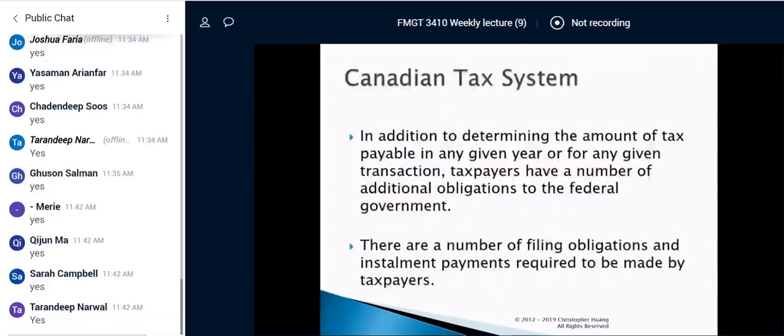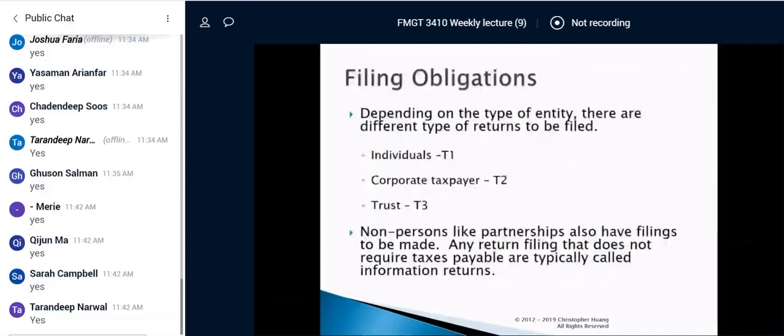Now, when we talk about filing obligations, okay, what we call filing obligations, what returns do you have to file? If you're an individual, okay, you are required to file what we call a T1 individual income tax return.